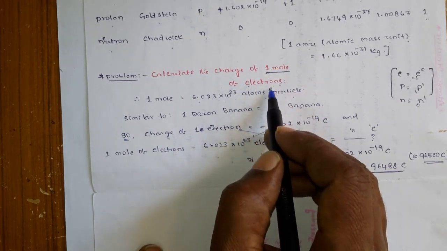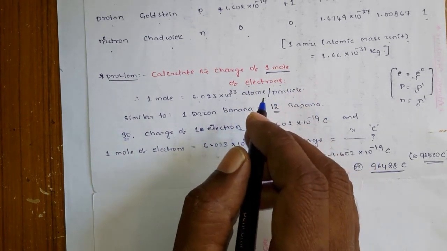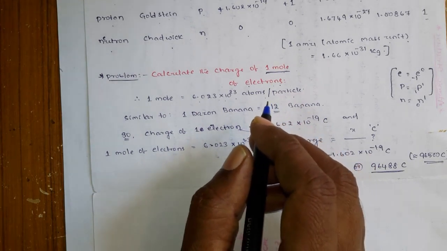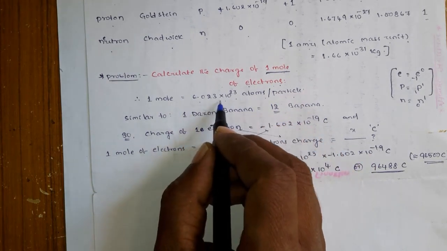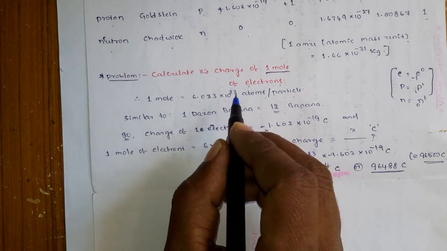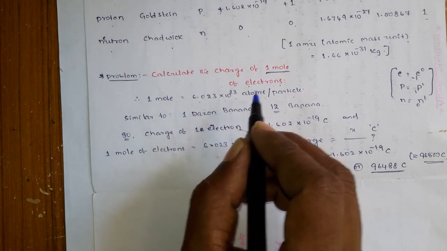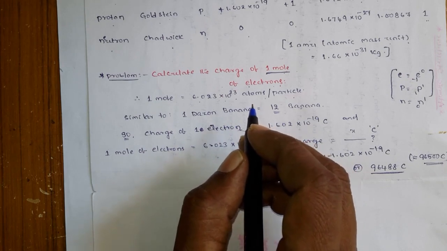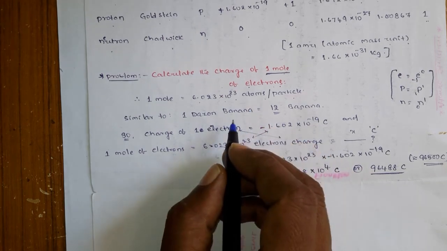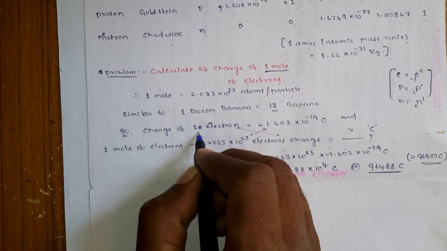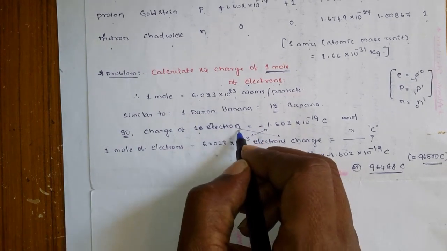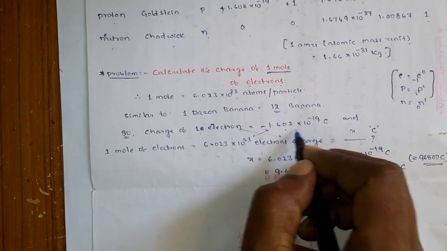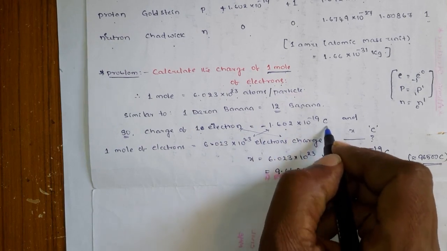In 1 mole of electrons, how many electrons will be there? 6.023 into 10 to the power of 23 electrons can be present in 1 mole of electrons. And you know the charge of 1 electron is 1.602 into 10 to the power of minus 19 coulombs.